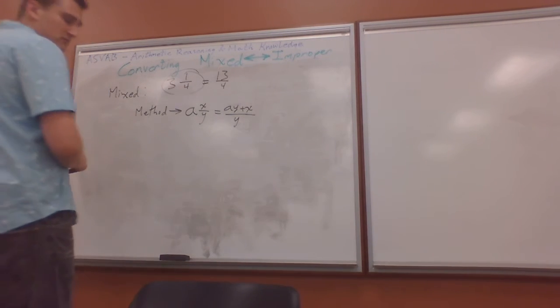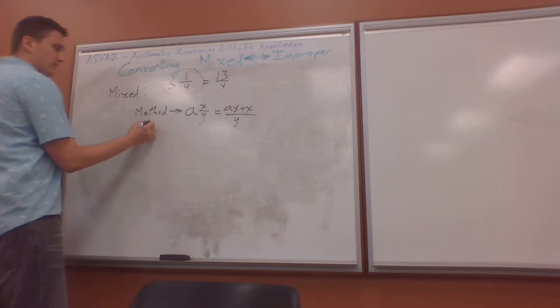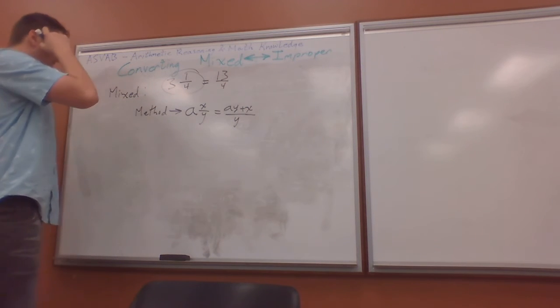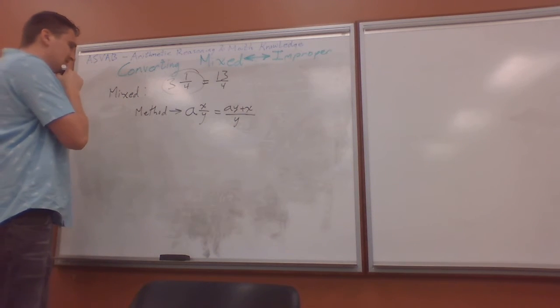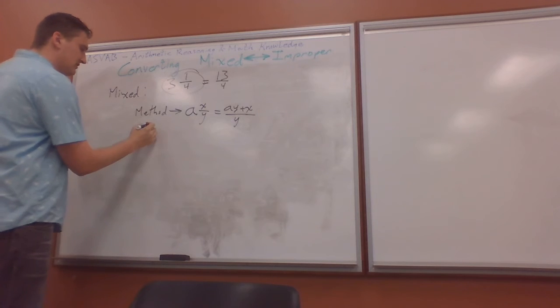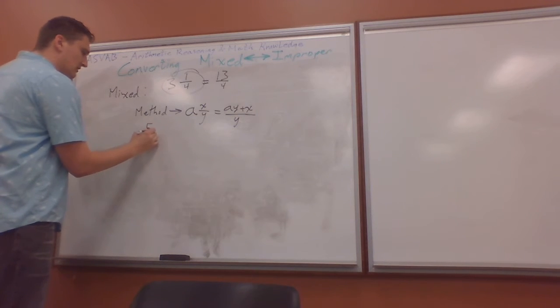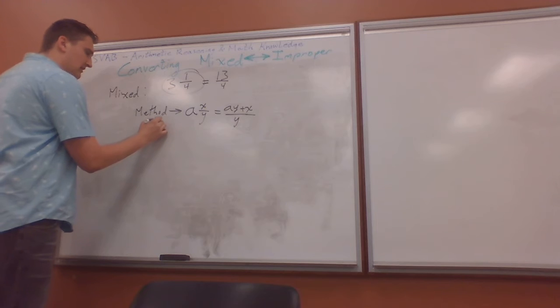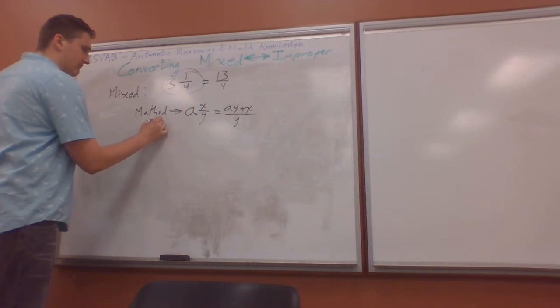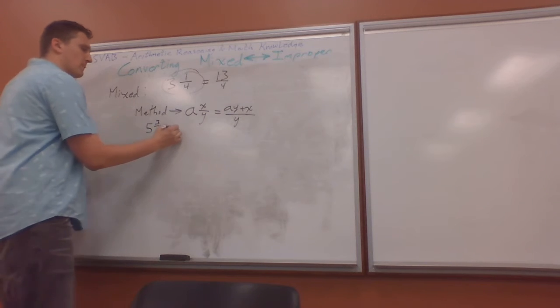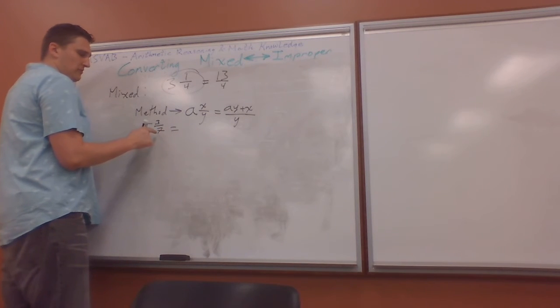Let's do 4 1/3. I don't want to do quite that actually. Let's go 5 3/7. All right. So multiply the denominator by the whole.